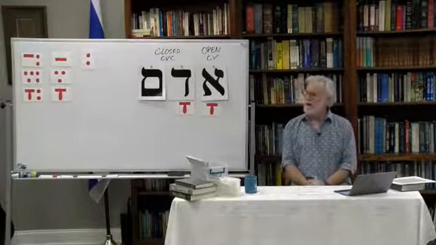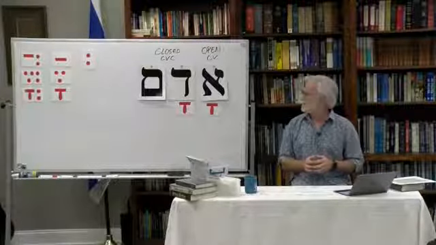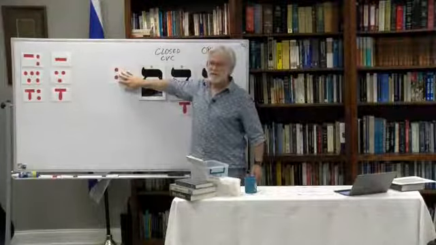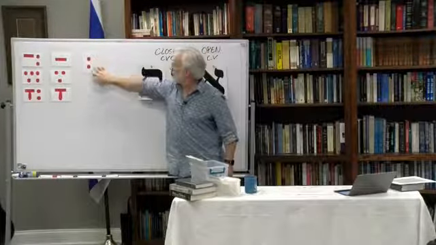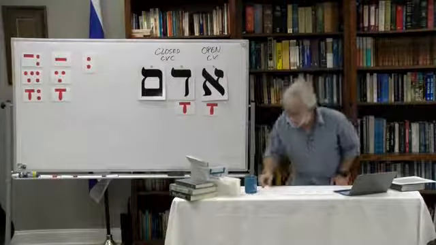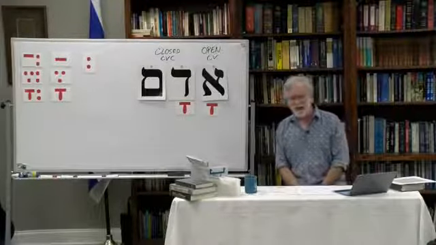Last week, I ended the class by introducing to you the subject of Shavah, which is represented by this symbol here, okay? We're going to talk a little bit more about that today. We're going to build on that because it falls under the subject heading of half vowels.